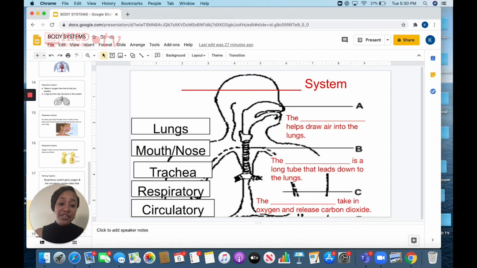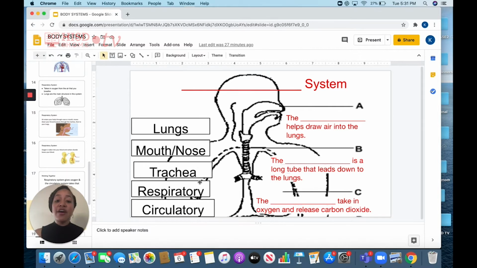Does this picture represent our circulatory system, or does this picture represent our respiratory system? So look at the picture. Look at some key things within the picture to help you decide, is this a picture of our respiratory system or circulatory system?